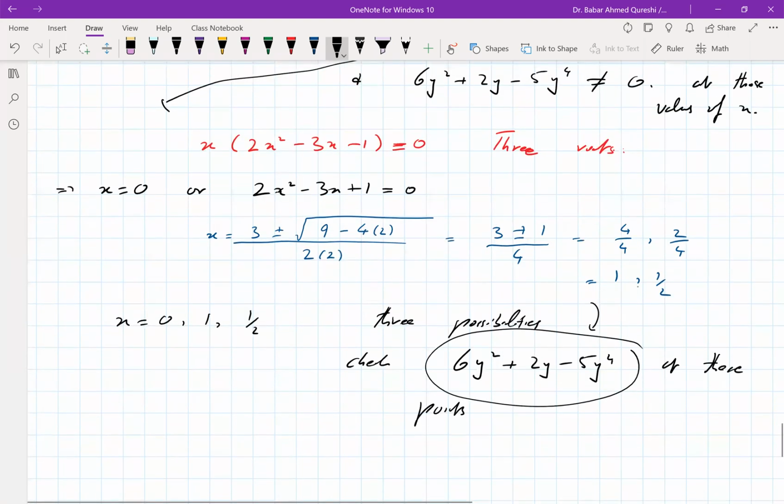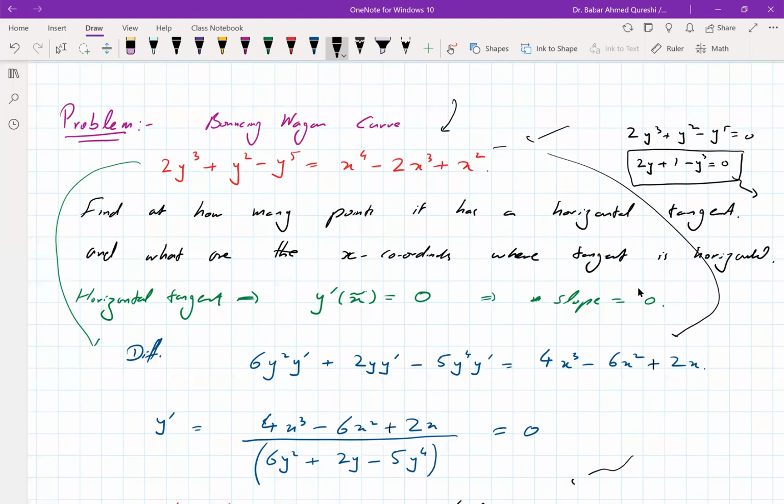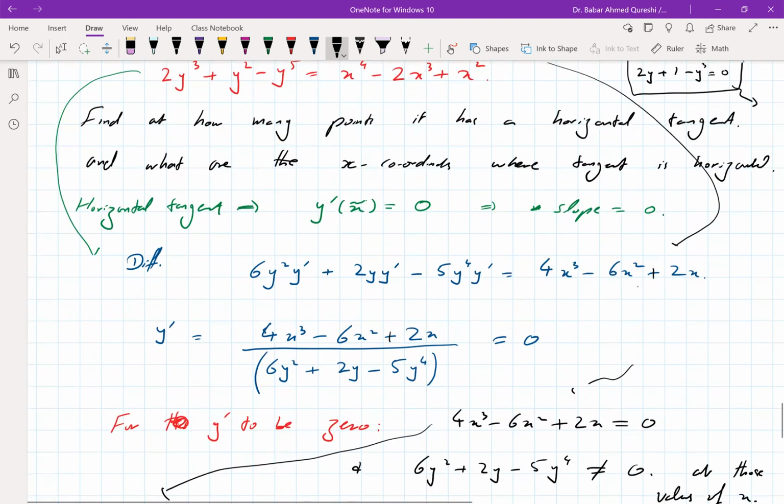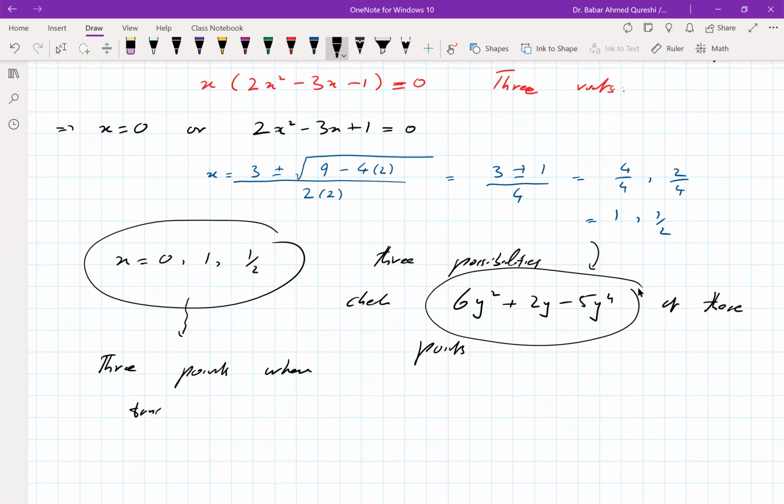So I can check this by plugging in here for all the y's and then solve for y and check if I have a non-trivial solution where this term does not go to 0. And then from the outside, it seems like we have 3 points where tangent is horizontal.